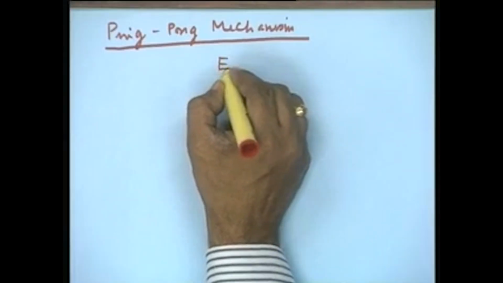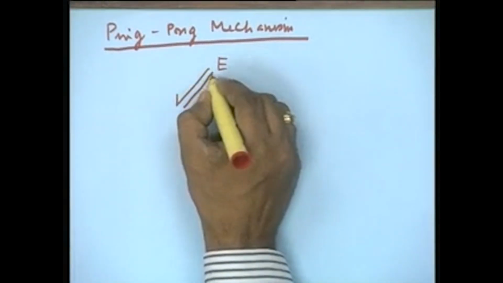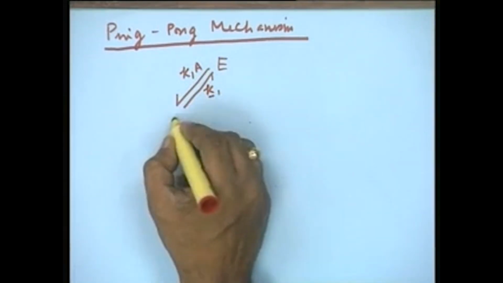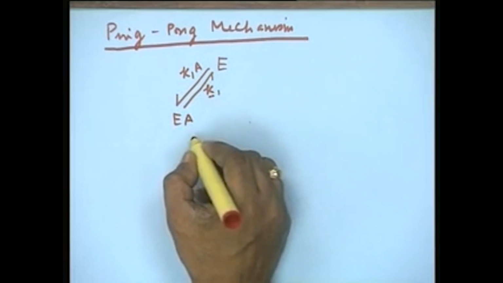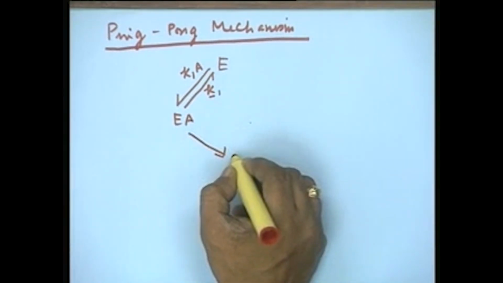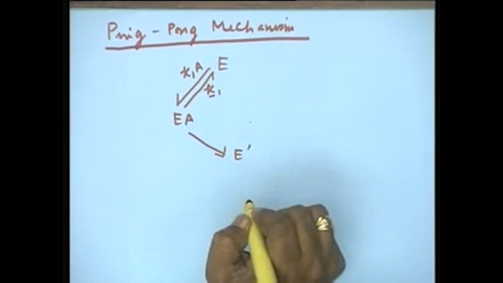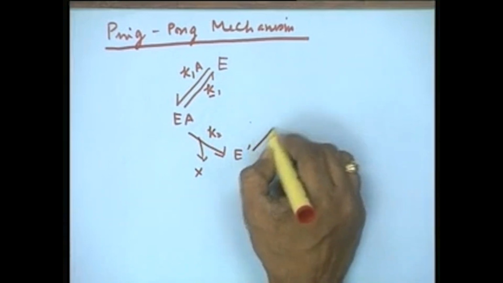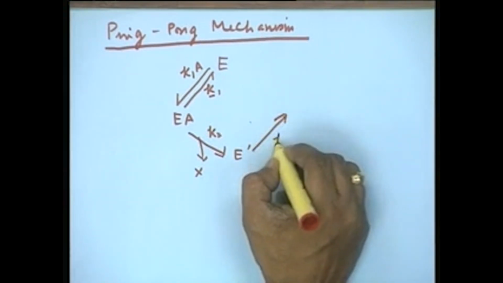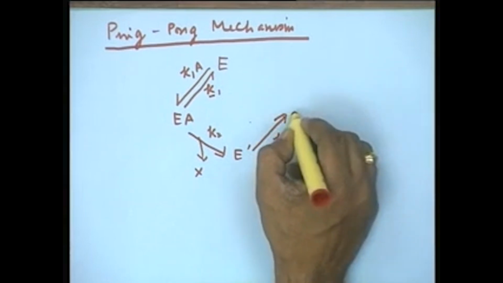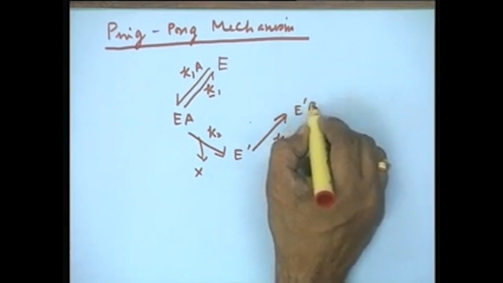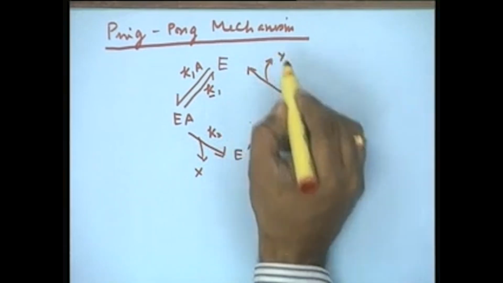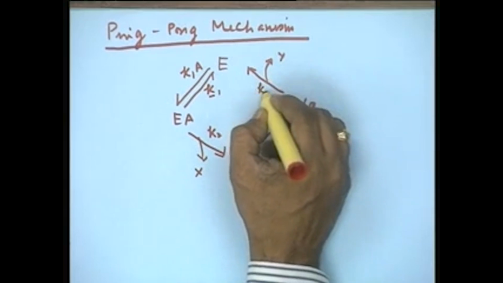And the reaction mechanism as we expressed earlier is K1 A, K minus 1, EA. Now here at this stage a modified enzyme complex and product X will be released, K2, K3 into B, and you get E dash B, and you again get another product formed with the K4 rate constant.